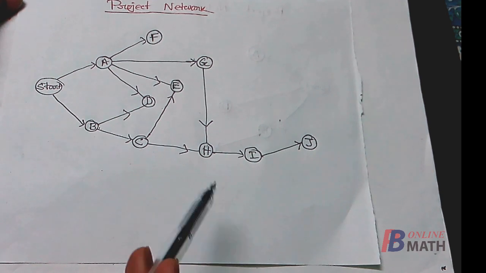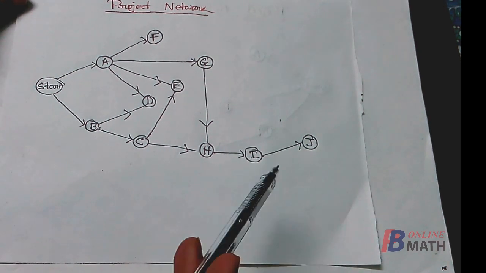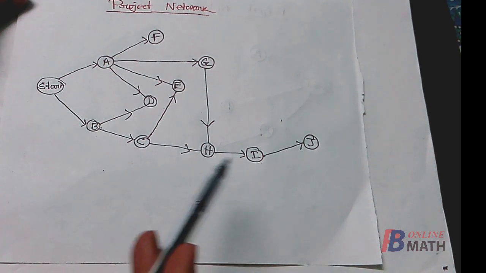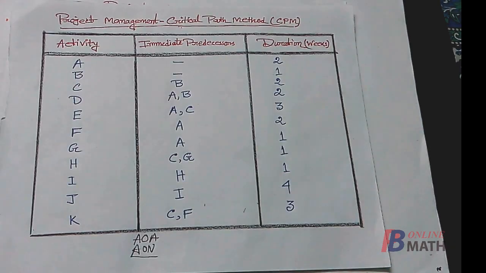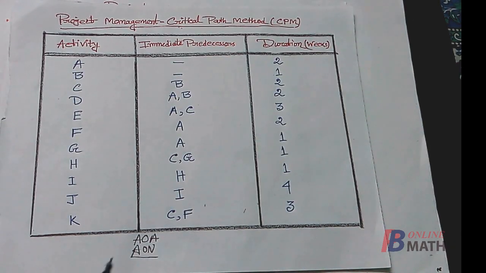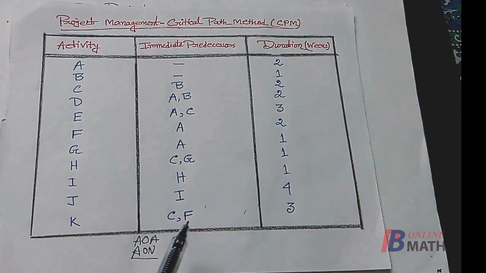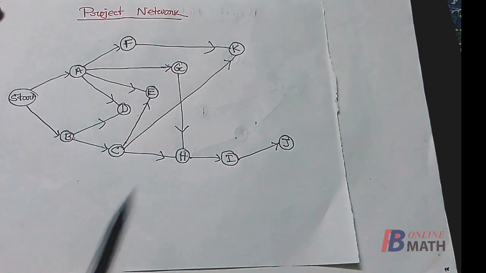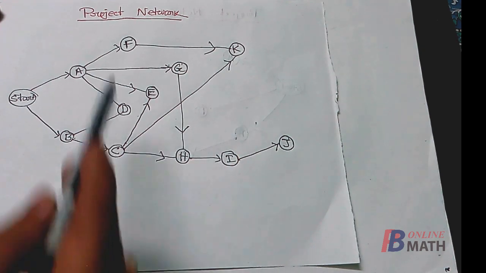So here we have represented the activities I and J by these two nodes I and J respectively, with the immediate predecessors H and I respectively. Finally, consider the activity K with the immediate predecessors C and F. So here is the activity K with the immediate predecessors C and F.